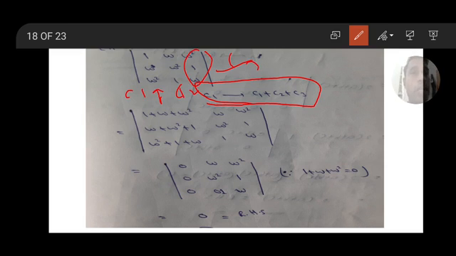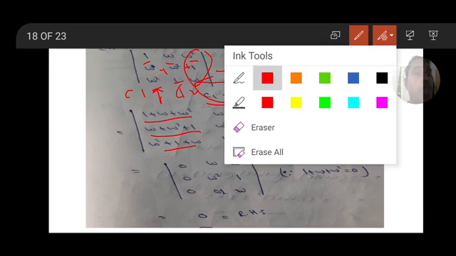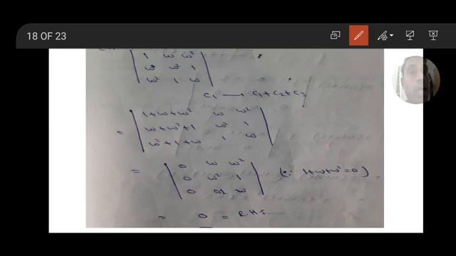So add the elements: 1 plus omega plus omega square in the first column. Next omega plus omega square plus 1. Next third one omega square plus 1 plus omega. Okay, first column is changed. Remaining two columns are the same.